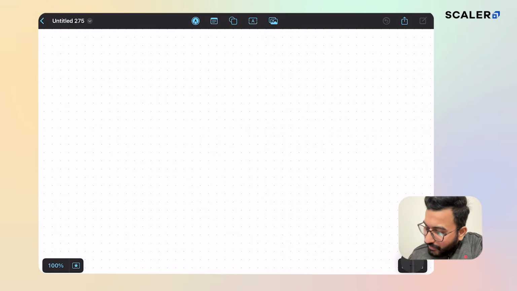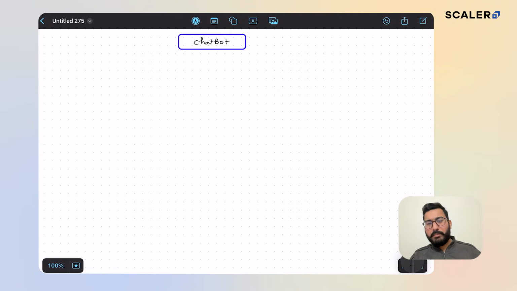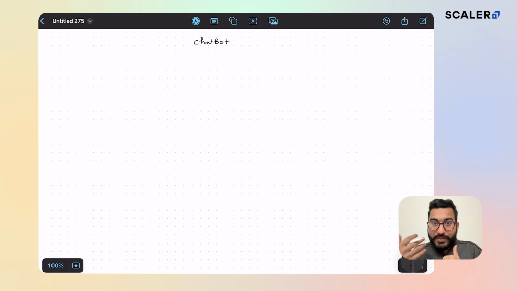Now, first of all, let's understand how a chatbot functions. So we'll talk about chatbot. And guys, believe me, it is going to be really fun to understand the entire evolution, because when you understand the evolution, you understand and respect the powers that we use today.